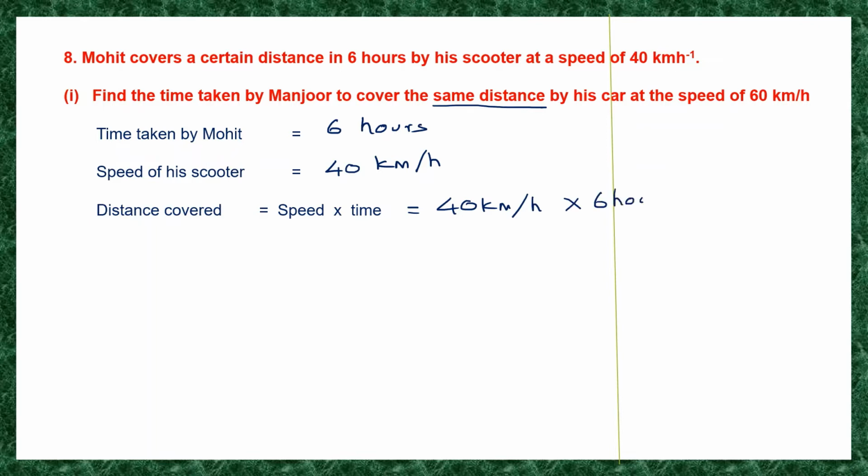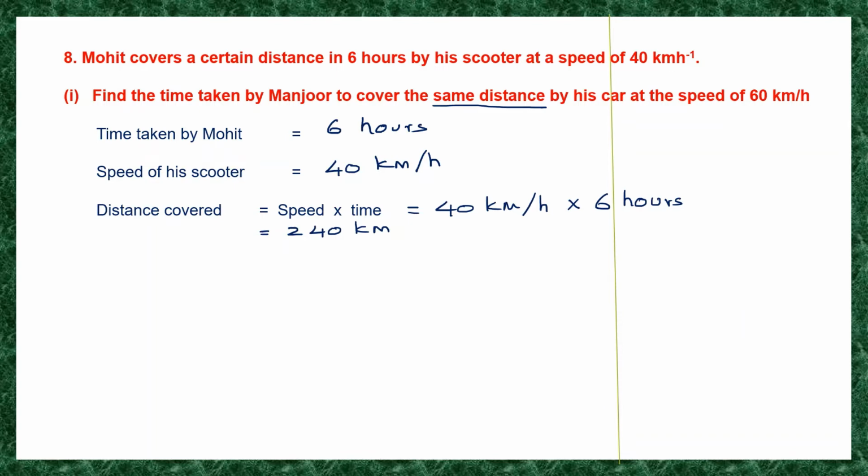So we need to multiply these two and see what we get. So 40 into 6. 6 zeros are 0, 6 fours are 24. So we've got 240. That means the distance covered is 240 kilometers. Now we have found the distance covered. Now let's go on to the second part.